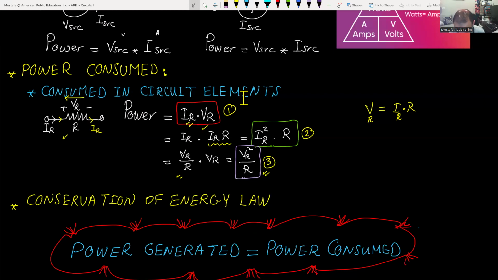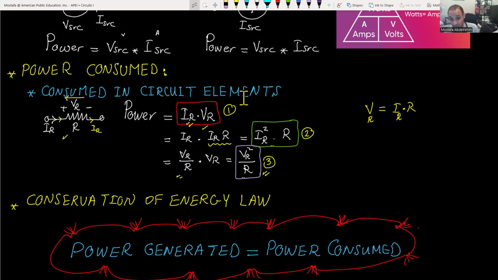Okay, and that's very important. You know why it's very important? Not because, of course, it's a very useful law for any scientific field, but even for you as a student, when you solve an electric circuit question and you want to verify if your answer is right or wrong, just apply this law.